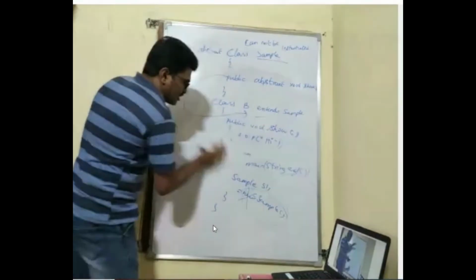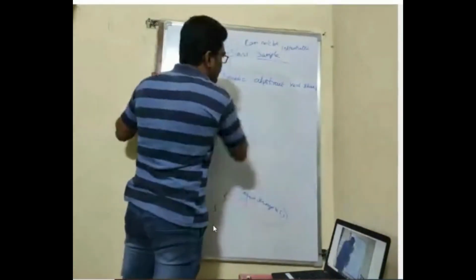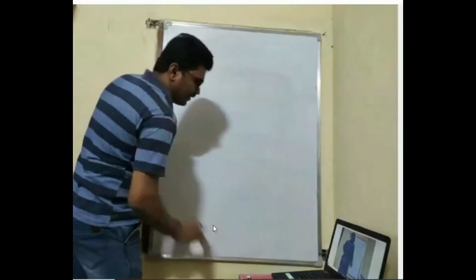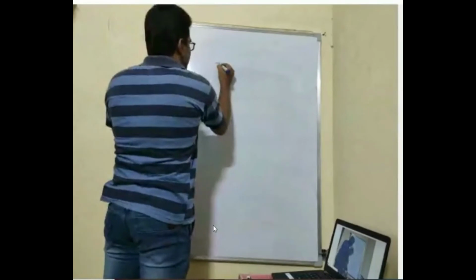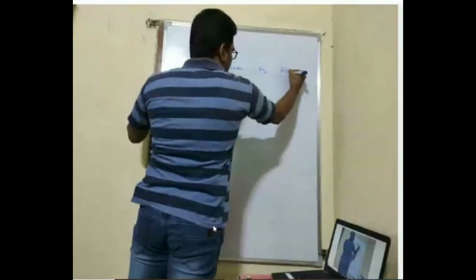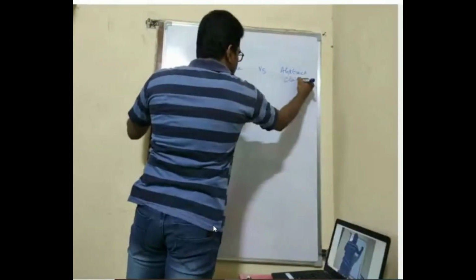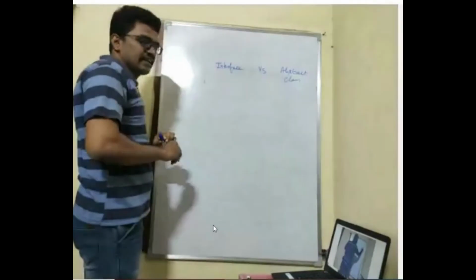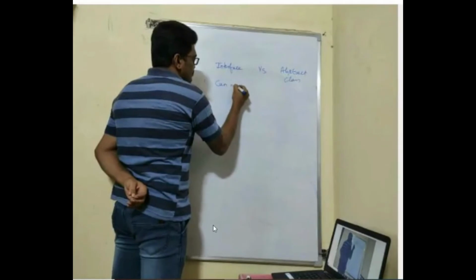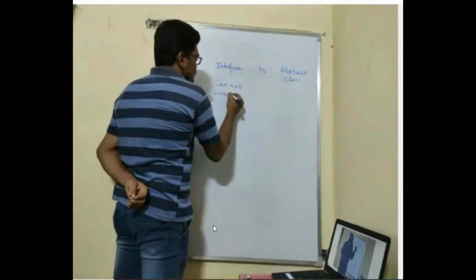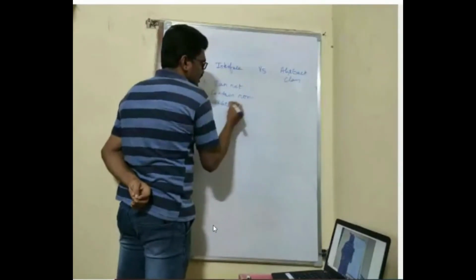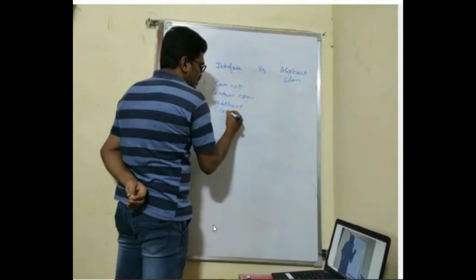One very important point they ask time and again is, what is the difference between an interface and an abstract class? Very important concept that you have to know. The main thing is, an interface cannot contain non-abstract methods, that is, concrete methods.